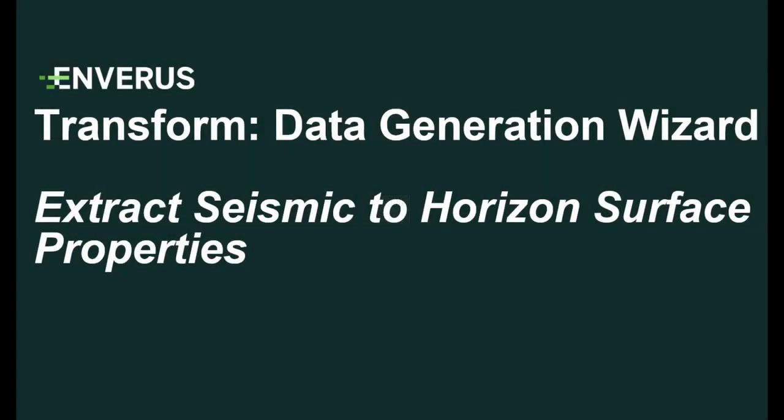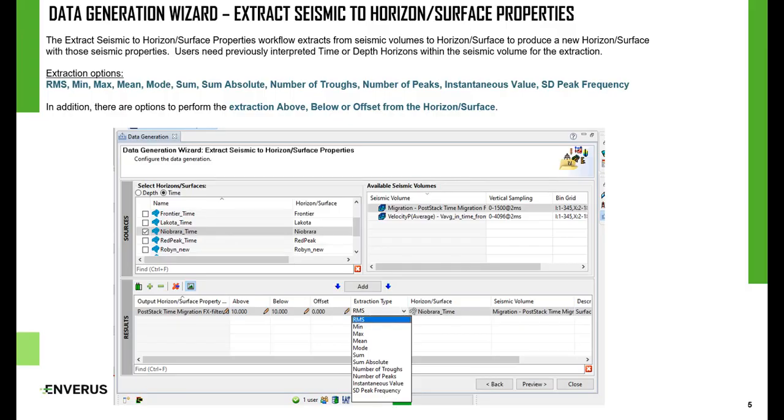Let's review in Transform the Data Generation Wizard, extract seismic to horizon surface properties. The extract seismic to horizon surface properties workflow in the Data Generation Wizard extracts from seismic volumes to horizon surfaces to produce a new horizon surface with those seismic properties. Users need previously interpreted time or depth horizons within the seismic volume for the extraction.